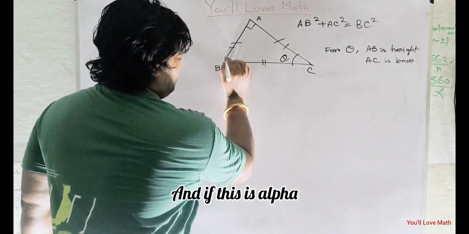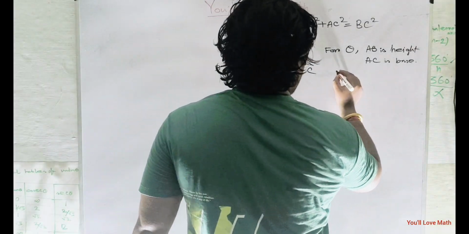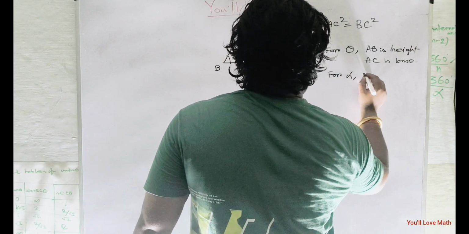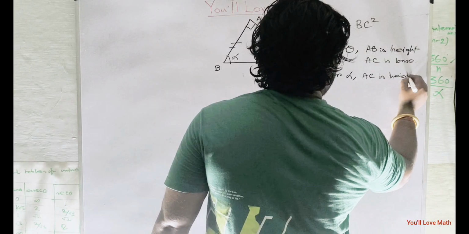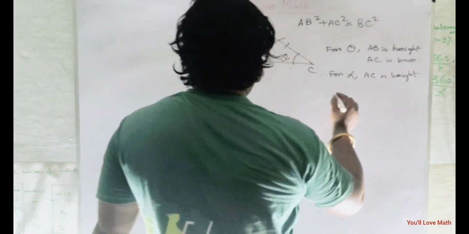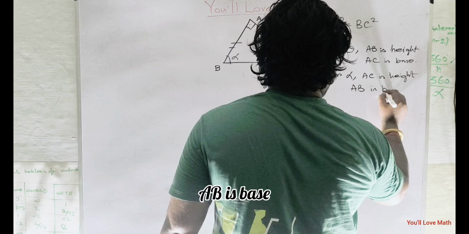And if this is alpha, then for alpha, AC is height or perpendicular, and AB is base.